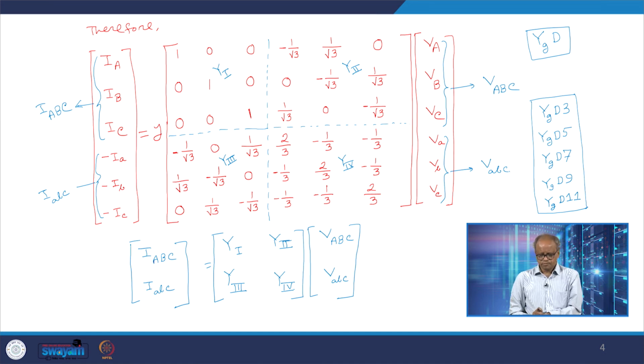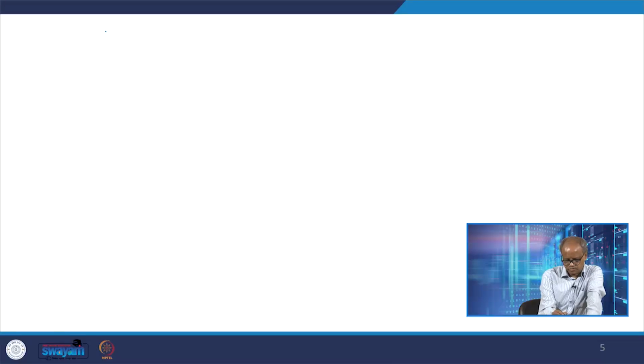So now let us continue with the YD. Let us now consider the YD1 transformer. How to go about that? For the YD1 transformer, there is no difference from the YgD1 transformer, right? In this case also the delta side voltage lags the star side voltage by 30°.